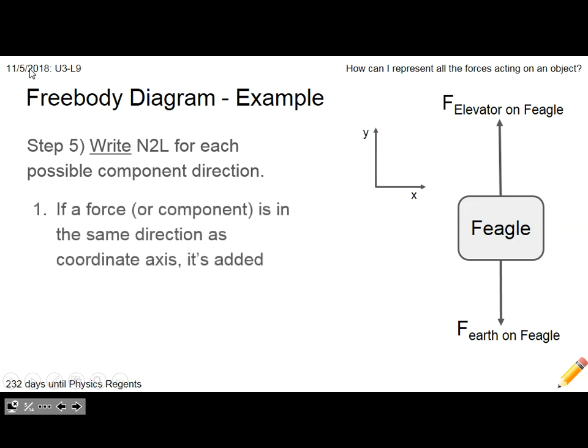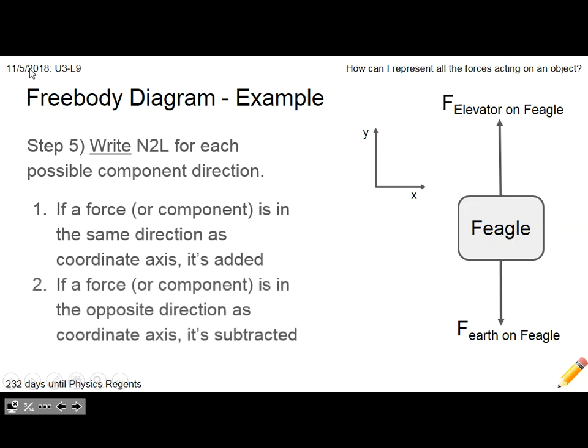And then we have to take the forces and put them into the two different categories. So if the force is in the same direction as the coordinate axis, make it positive. And if it's in the opposite direction, subtract it. And we'll do that on our next slide as two separate examples.